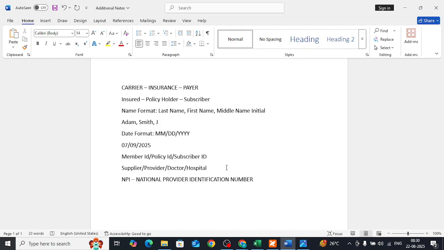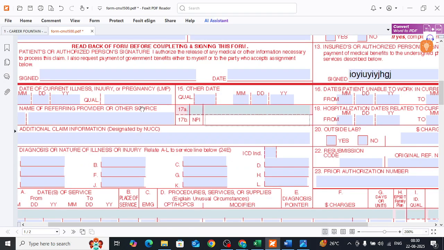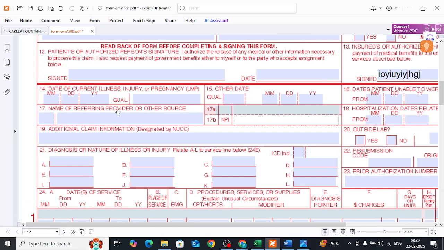It's a 10-digit number all over the US. Every provider, every doctor, every hospital, every ambulance, pathology, radiology lab, every physiotherapist, everyone gets one NPI, and it will go here. So the NPI of the doctor who has referred the patient will go here. It's a 10-digit number.